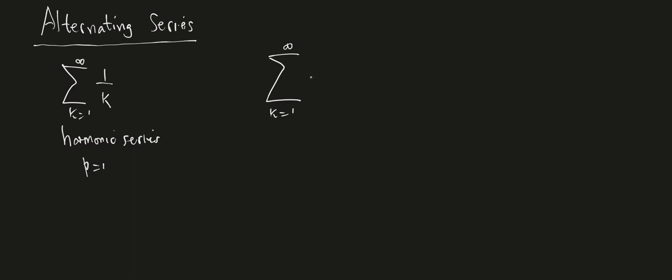Let's say we start with (-1)^(k+1), and then that multiplies 1/k, right? This now is no longer our harmonic series because it's going to have some negative terms. So let's write out a few of those terms so that we can see what's going on here.